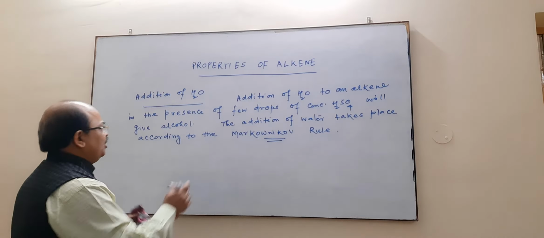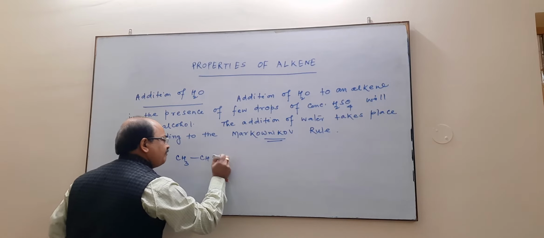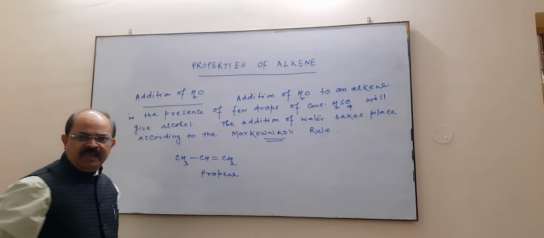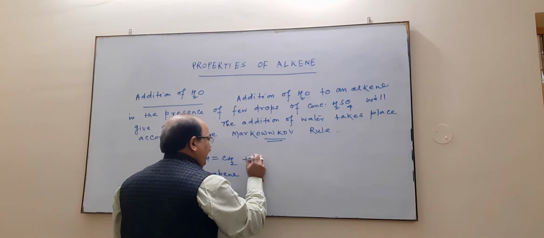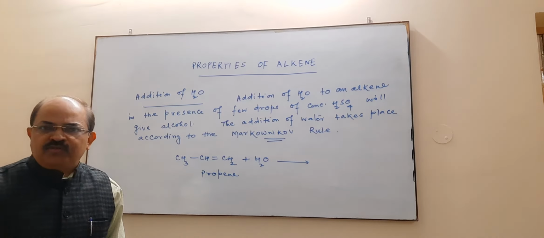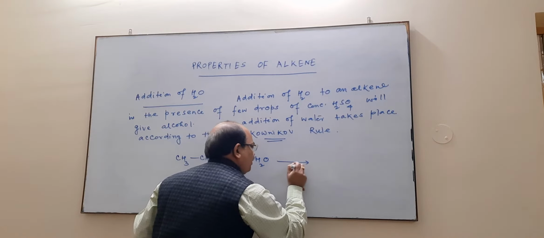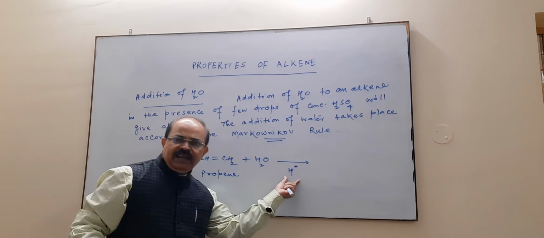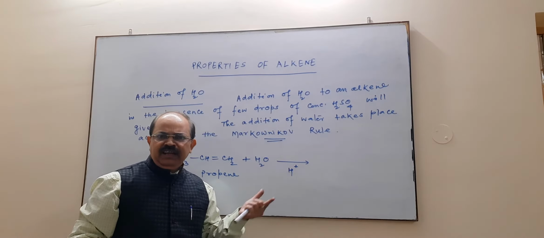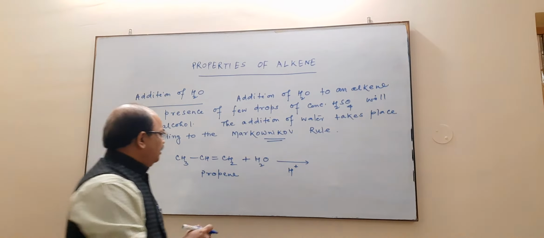So what happens in this case? For example, if we have propene, now we add water, that is H2O, in the presence of few drops of concentrated sulfuric acid. For sulfuric acid I can simply write H plus. Then what will happen?